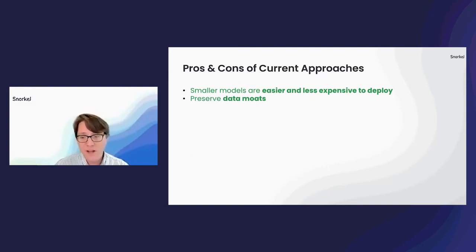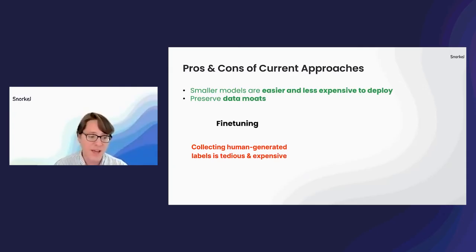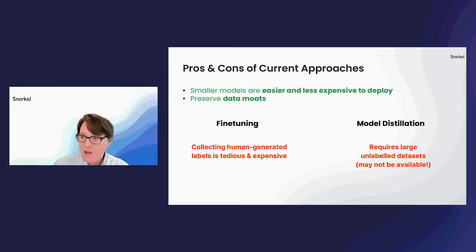If we look at the two techniques I showed in the previous slides, they have pretty significant disadvantages. For fine-tuning, we're usually on the hook to collect human-generated labels. This can often be expensive, tedious, and difficult to scale to reach a particular level of quality. Model distillation requires a larger, more powerful model.